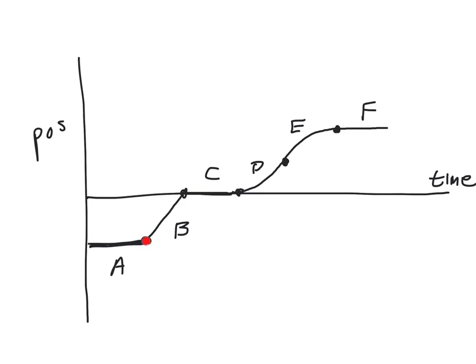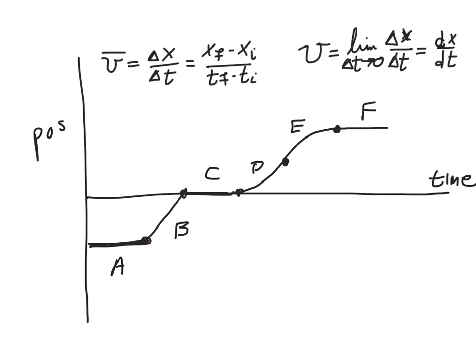Now it goes from a negative position to 0. So the key here is the slope is positive. So it's moving with a constant positive velocity, which is the slope of the line. Actually, it would be useful to go back to our basic equations for velocity at this point.